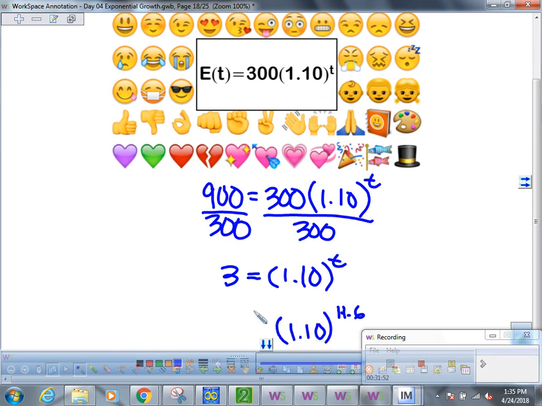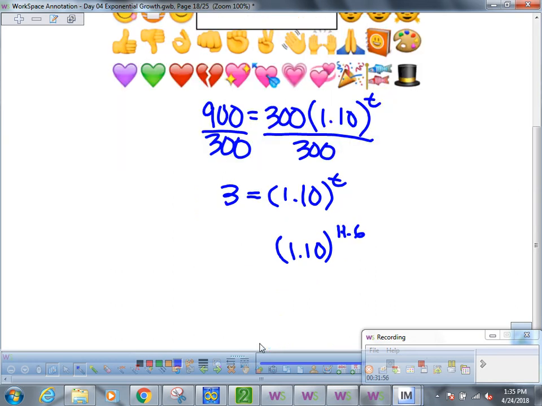Can I get you guys to quiet down, please? It would take 11.6 months if I started with 300 emojis, they increased by 10% every month, and I wanted to get a total of 900 emojis. Does that make sense where all those numbers are coming from? Kind of. Let's work with them a little bit.